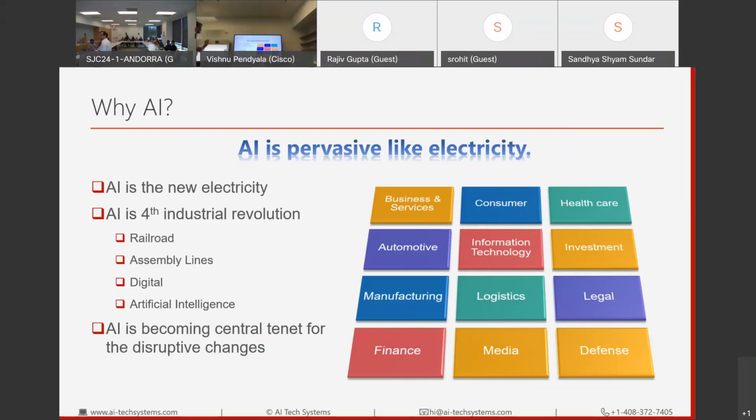On the right-hand side, you see, just few of these examples what AI would do to many of these industries. It's going to change them fundamentally, the way they operate, the way they work. And so it's fast becoming sort of central connect for the disruptive change around us.